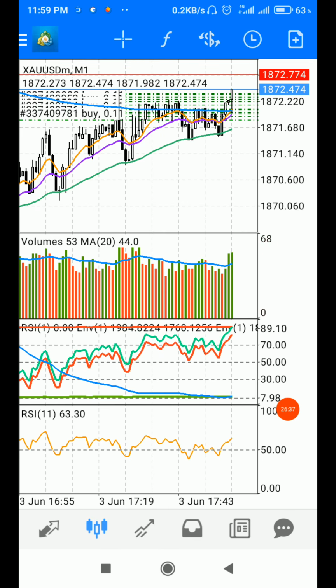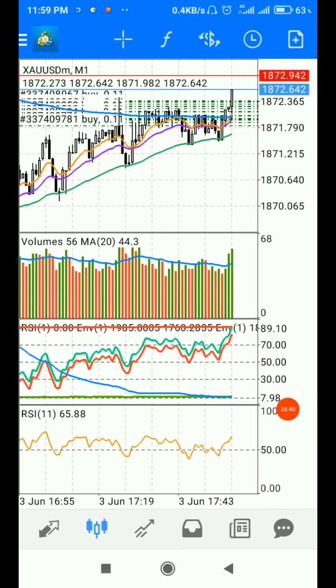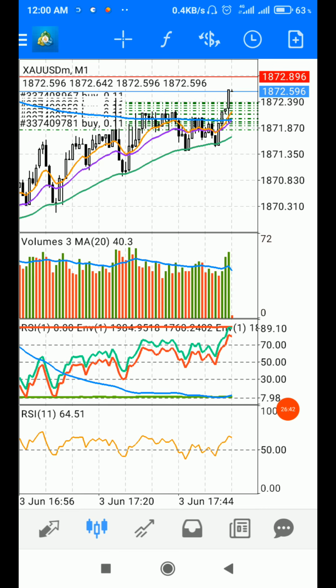So price is now breaking our entry level and it is going much further, you can see.